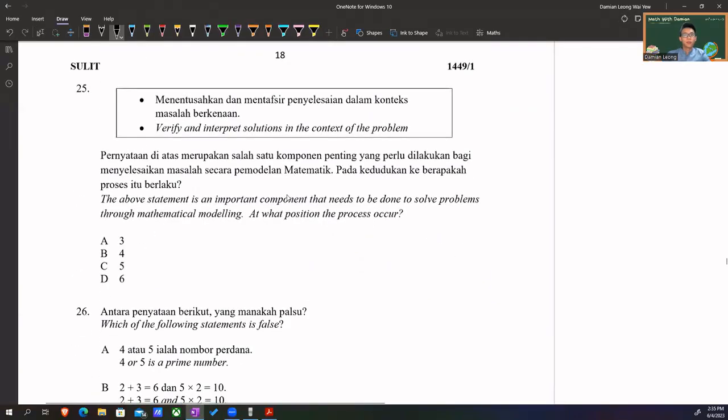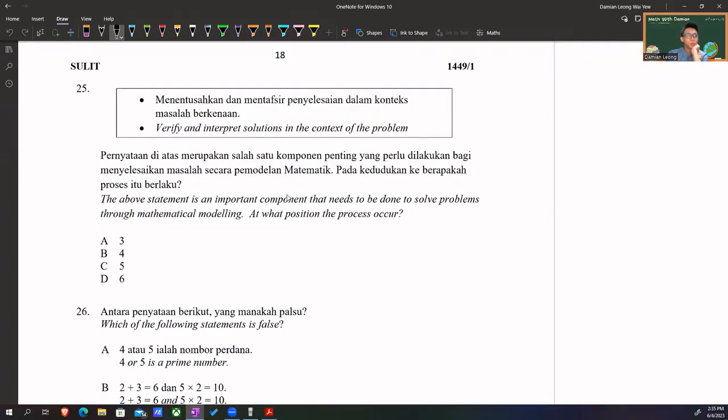Question 25. The above statement is an important component that needs to be done to solve problems through mathematical modeling. At what position does the process occur? So this is verify and interpret solution in the context of the problem. This is from mathematical modeling. The first thing we have to do is define the problem.